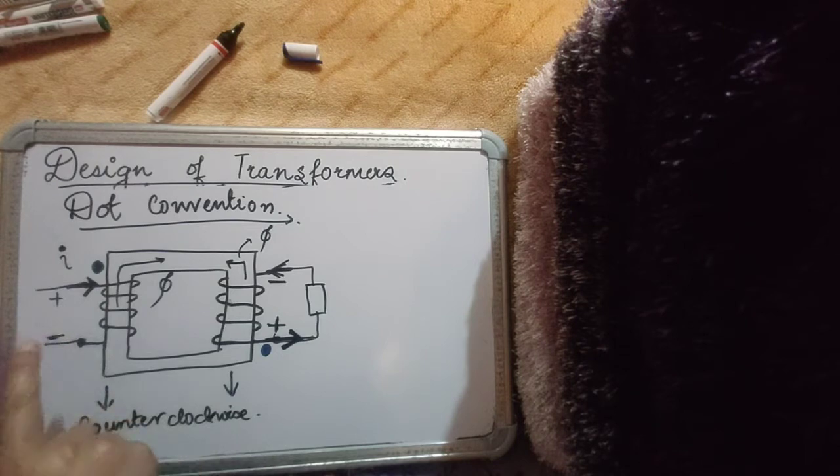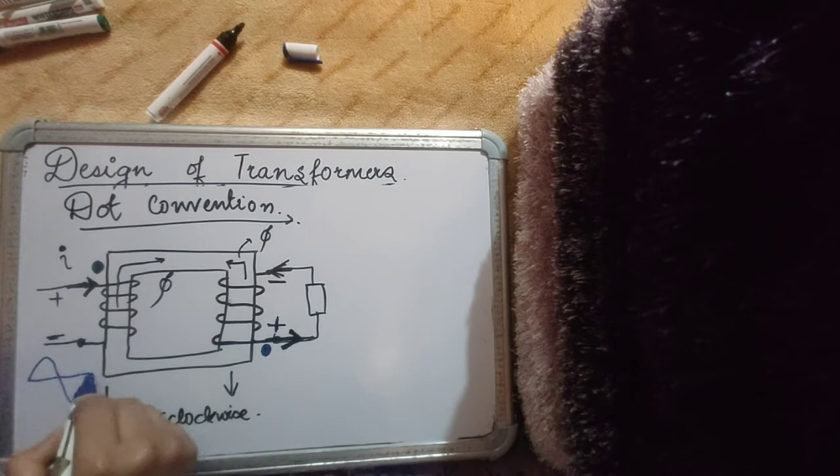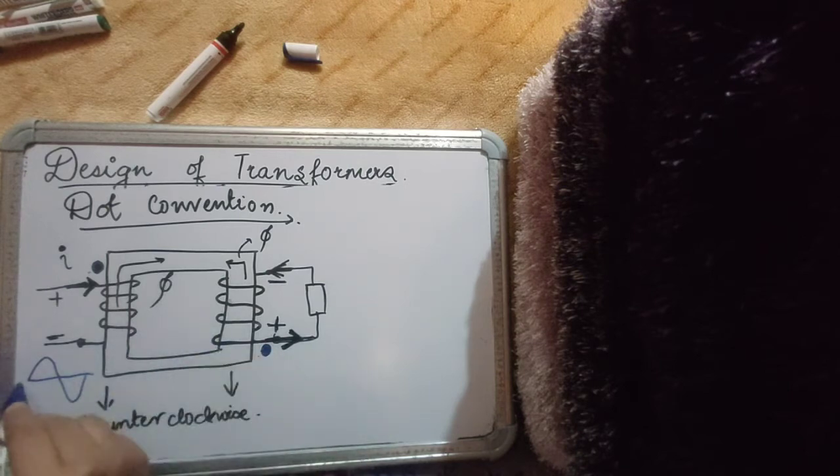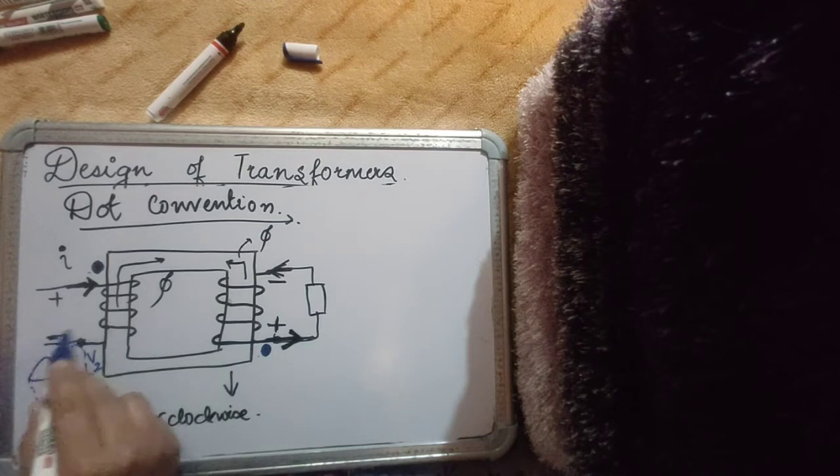Now what we know is that if both windings have been wound counterclockwise, then if the primary voltage is this, the secondary voltage V2 will be at a 180-degree phase shift.